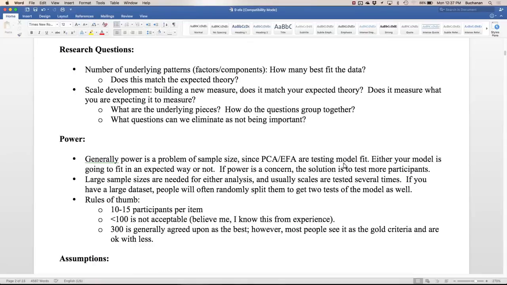Every time it would come up as a bad question, I would just laugh. Sometimes people don't interpret questions the way you think they do. So this analysis will let you do that. So a lot of EFA is just like, let's just throw everything at the wall and see what happens. Because that's essentially what you're doing.